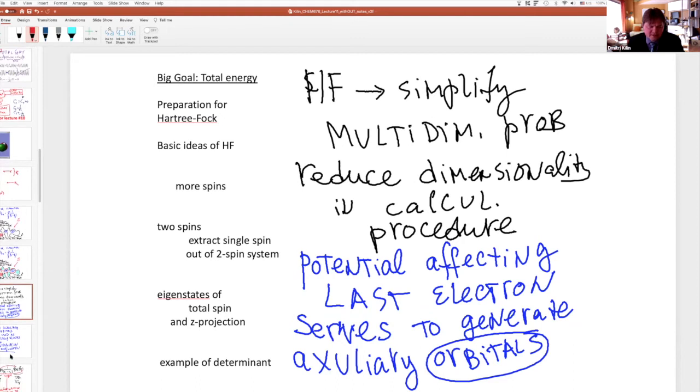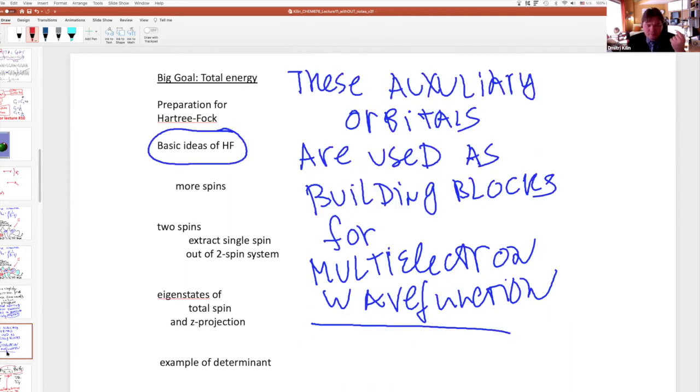Here I give some comments: Hartree-Fock theory is actually a theory of how to go over this major challenge, how to include electron-electron interaction in one-electron equations. And if we are able to more or less adequately create equations for one electron and find orbitals, then these orbitals can be used as building blocks to compose the overall multi-electron wave function.